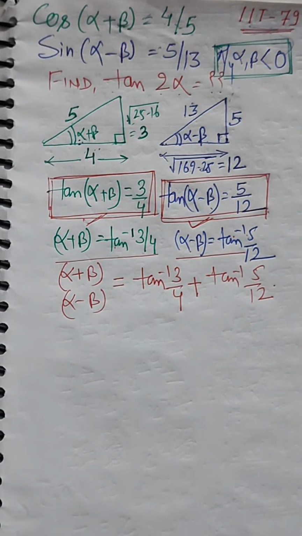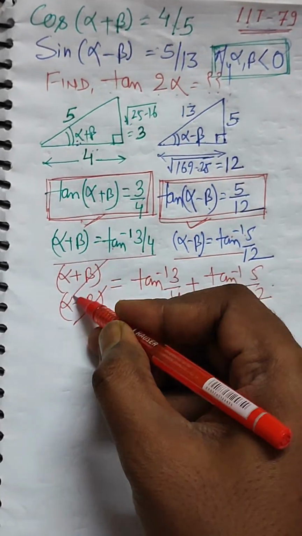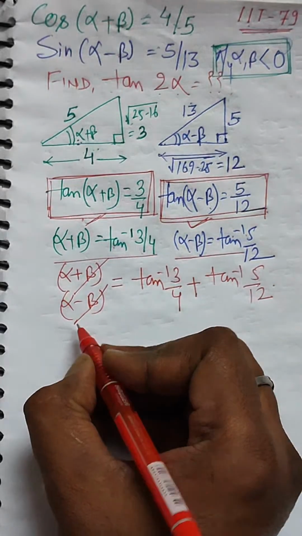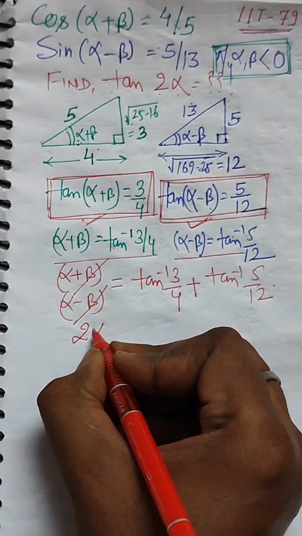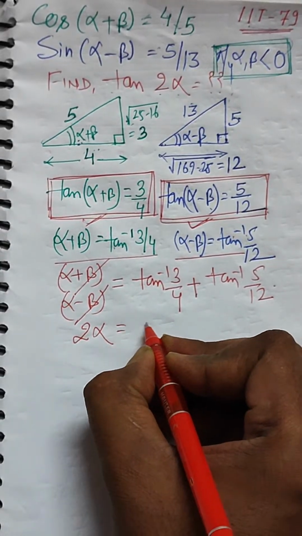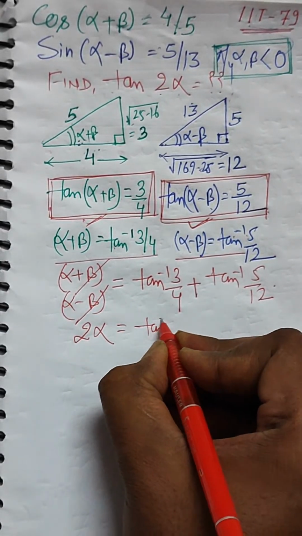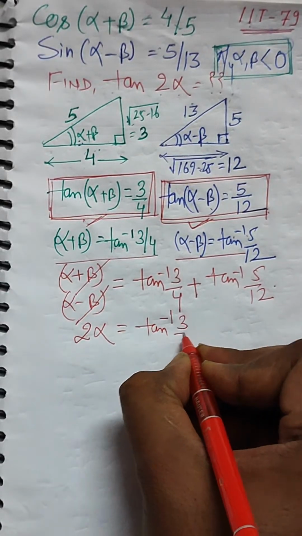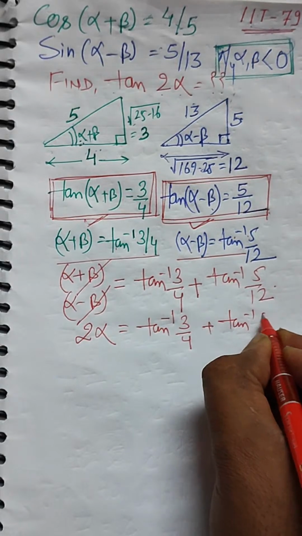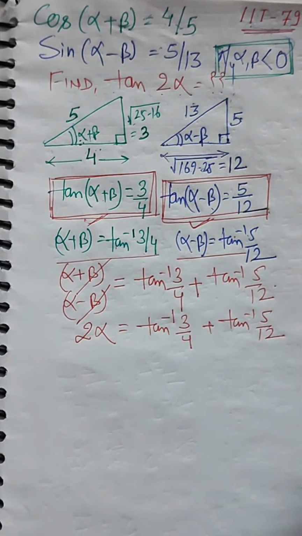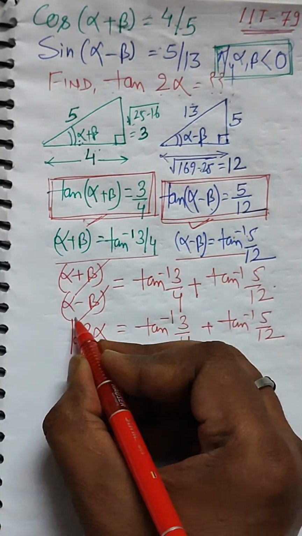And here if you add it, what will happen? You can see beta will be cancelled and we are left with 2 alpha into the LHS, whose value is already given into the RHS, that is tan inverse 3 by 4 plus tan inverse 5 by 12, right?